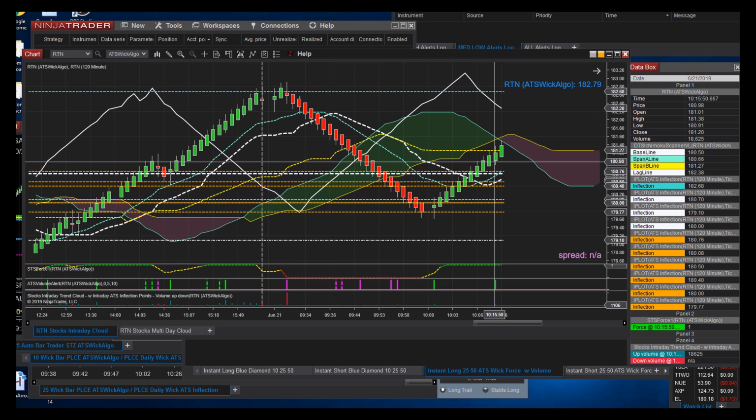The low is 181.20. I might have that wrong. Make sure I got it right. The high 181.26. The low 180.91. I knew that sounded like too much, but that's still 30 cents.